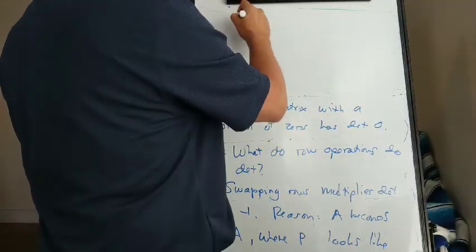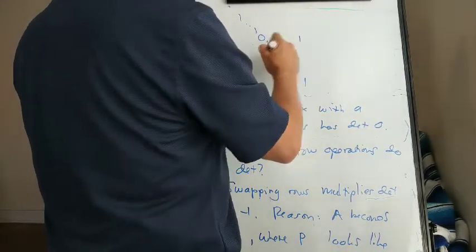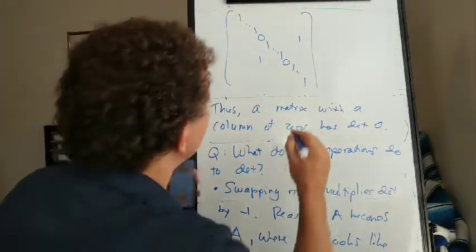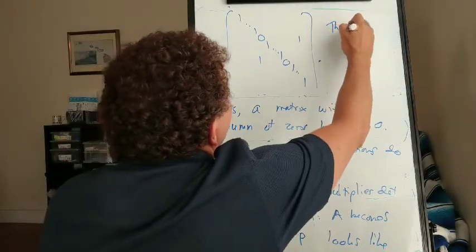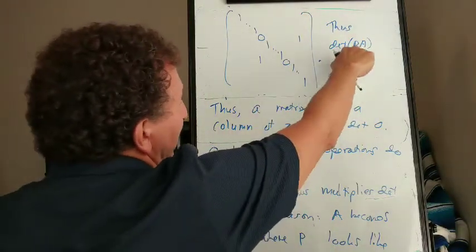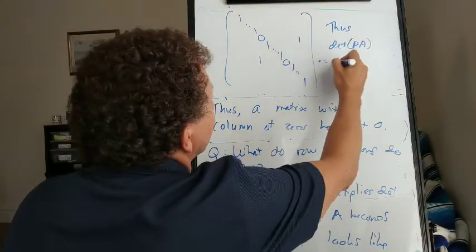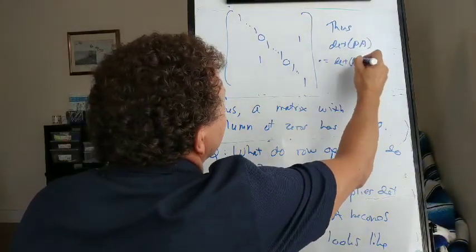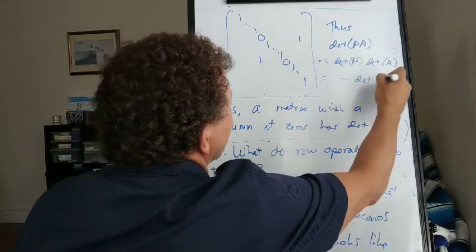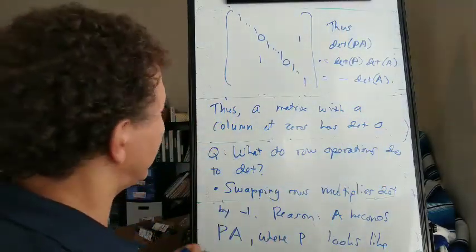P looks like this matrix that we just said has determinant -1. So the determinant of PA, because doing a row operation on A is multiplying by this matrix that swaps rows I and J, is determinant of P times determinant of A, which is negative determinant of A. So swapping rows multiplies the determinant by -1.